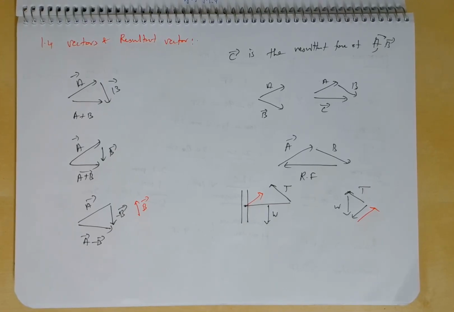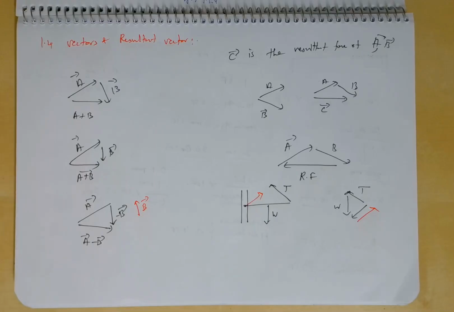Is that clear, sir? Yeah. So that's what we have to learn. Any resultant vector is tail to head.